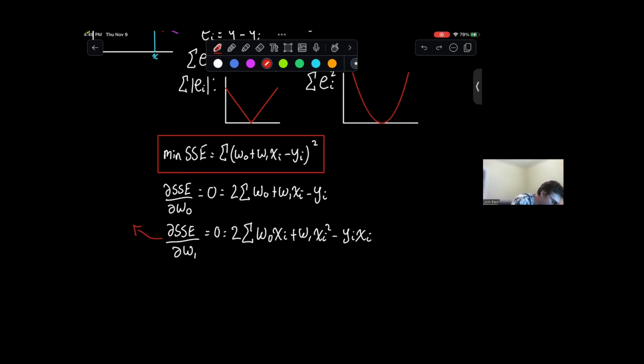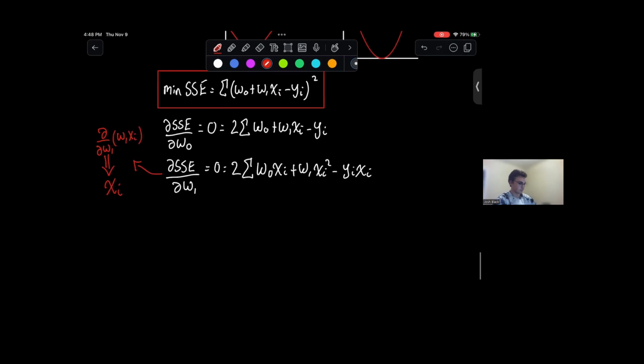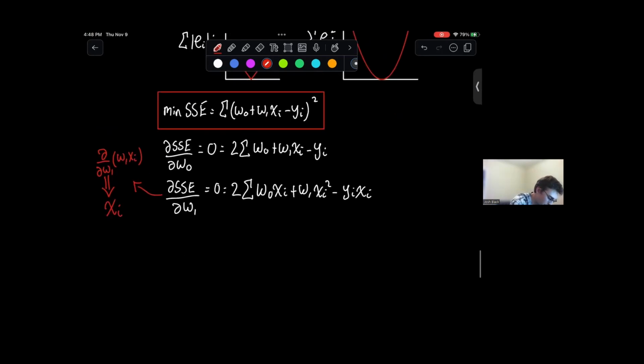That is because if I take the derivative of this, I end up just getting x_i, which gets multiplied into my function. So my 2's can just get divided out of the 0. If I ever have the sum of a constant, such as the sum of 1, or the sum of 2, or in our case, the sum of W0, we take that constant out of the sum.